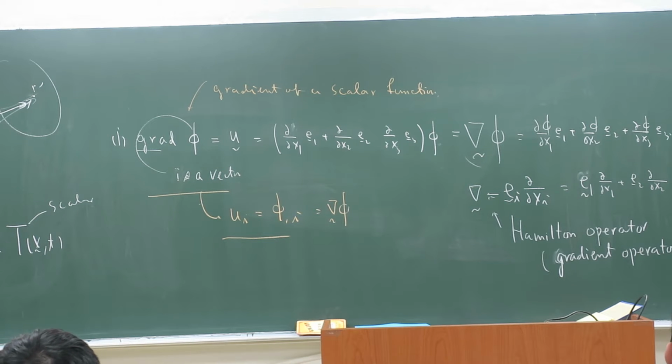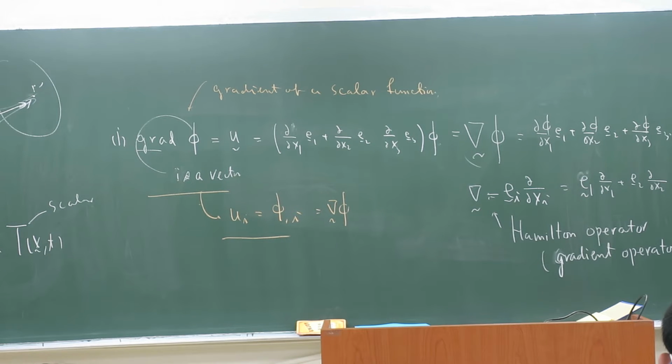What does that mean? For example, the gradient of v would mean partial xi ei put together with vj ej.